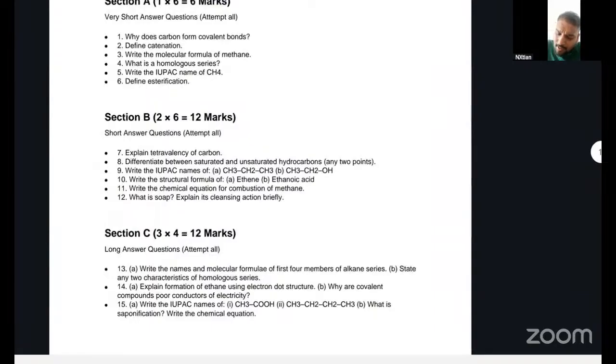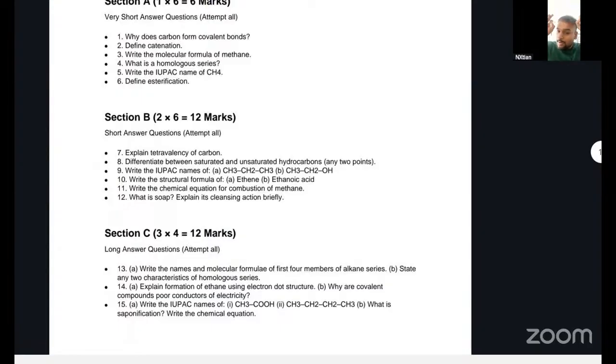Why are covalent compounds poor conductors of electricity? Now everyone wrote free electron, free electron, free electron. Free electron is not the answer, guys. When we talk about free electrons, it is in diamond or in graphite. Graphite has free electrons and diamond doesn't have free electrons. That's why graphite is able to conduct electricity.